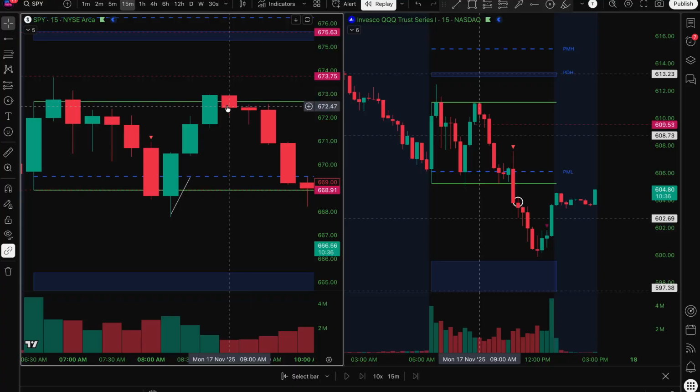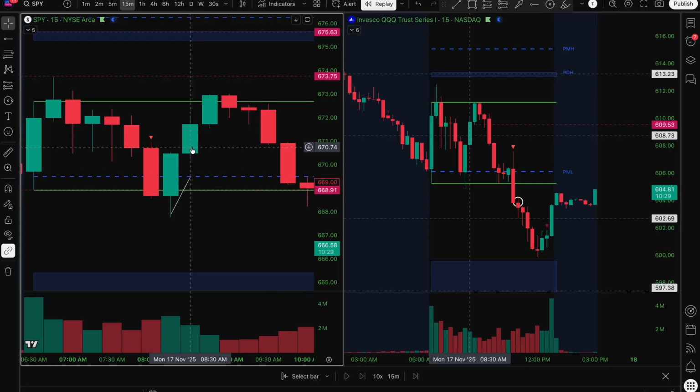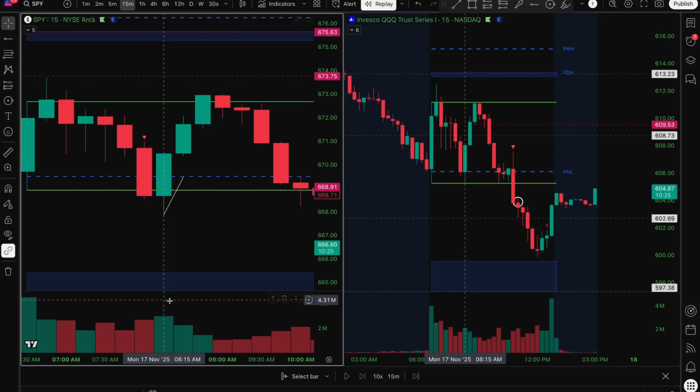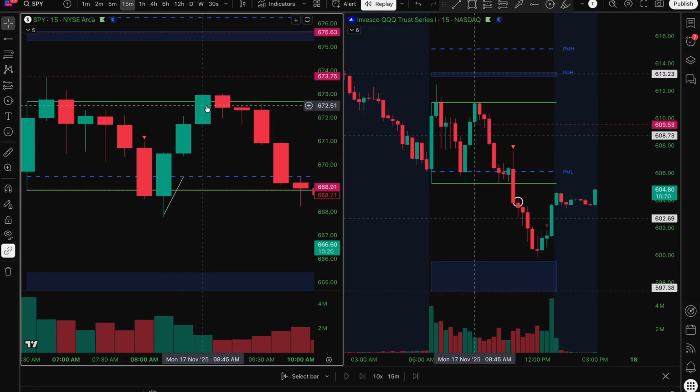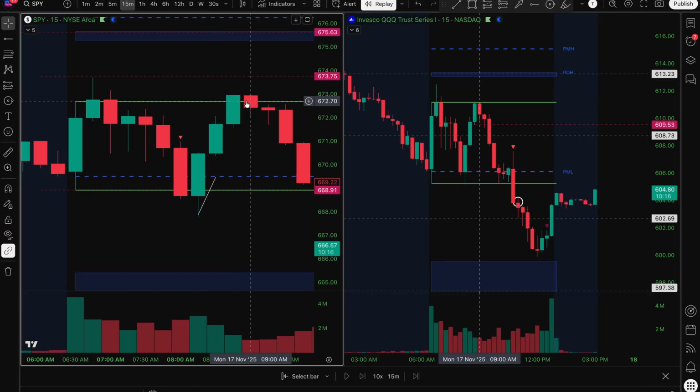The reason we started looking for a put entry here was because we saw decreasing volume as price pushed up towards this ORB high. That showed us that that move was pretty much fake. So then we can start looking for put entries around 9 a.m.